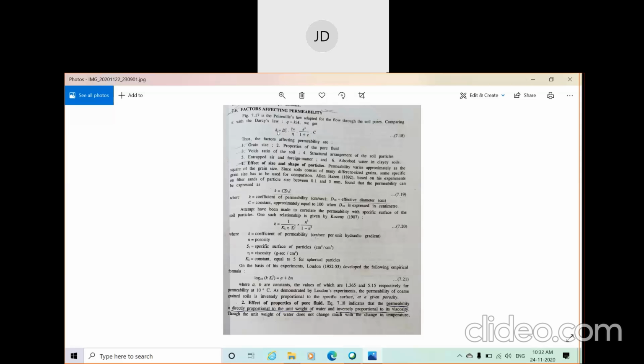Now here you can see Ds represents the size of the soil particles. Okay, size of the soil particle.